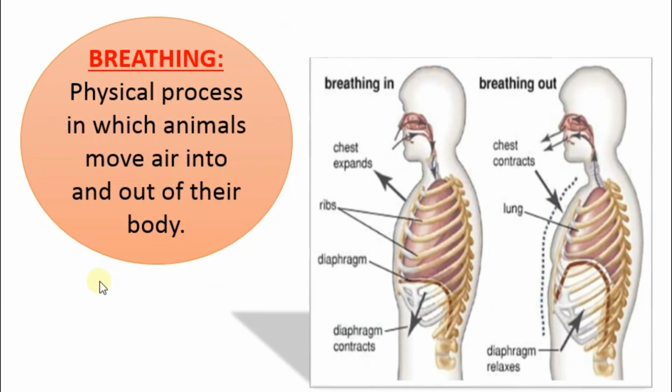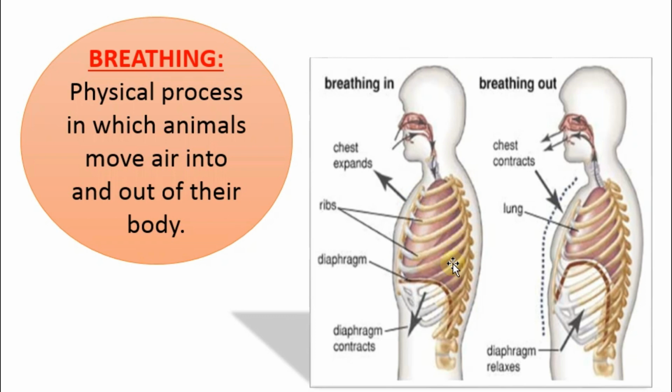The other is breathing. It is a physical process in which animals move air in and out of the body. In breathing, here in this picture you can see the organism inhaled air. In this inhaled air, the organism uses oxygen, which is diffused from the lungs to the blood and then circulated to all parts of the body by the heart.